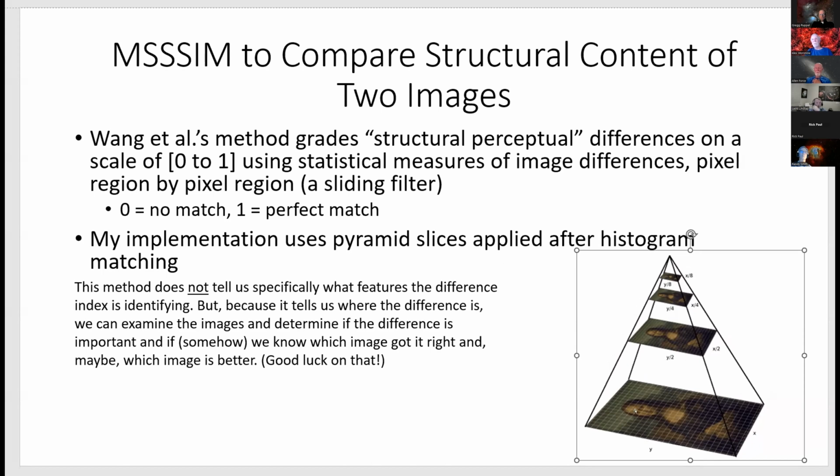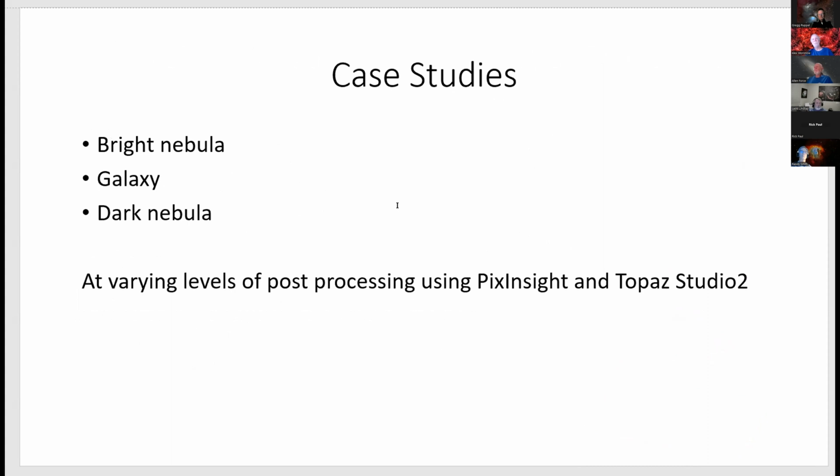But it looks at the resolution in each of these different levels and compares them and gets an index for the entire image for each of those levels. The method doesn't tell you exactly what the match or what the mismatch is, but it can tell you where the mismatches are in the image. And it then quantifies the mismatch in the entire image as well as pixel by pixel.